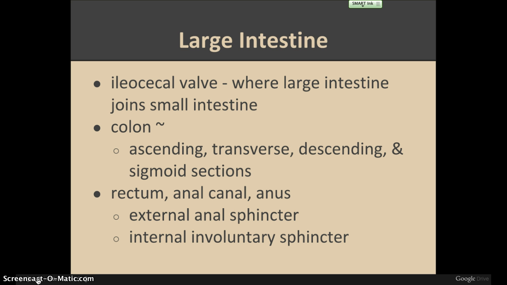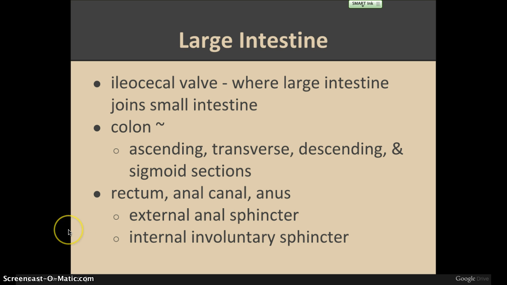Now remember, when we've talked about the different muscles, cardiac, smooth, and skeletal, our visceral organs are typically smooth muscle. The external anal sphincter, you can control. That is a skeletal muscle. The internal involuntary sphincter is a smooth muscle.